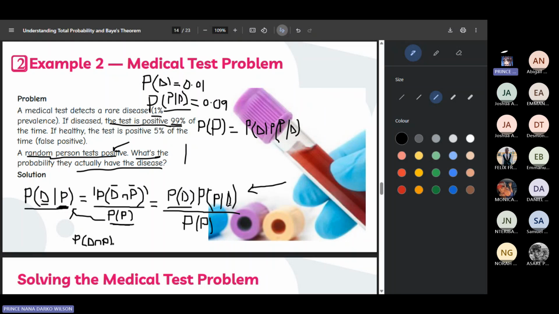We can write it as the probability of P multiplied by the probability of D given P, like so.